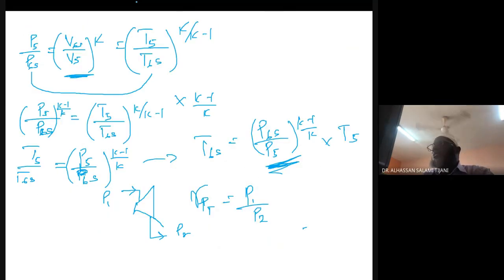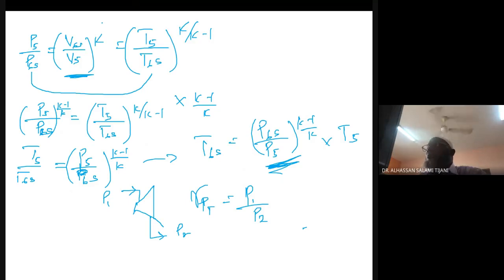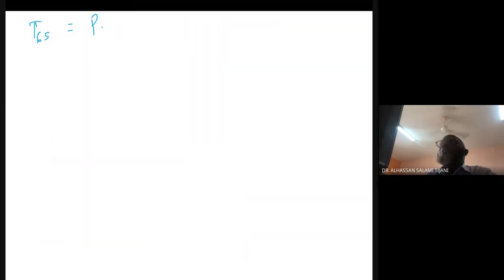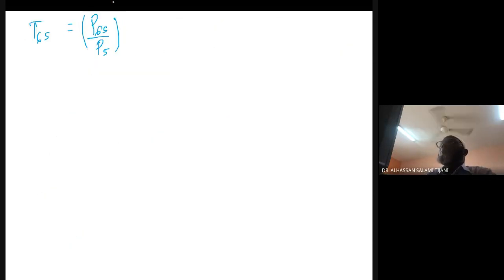T6S equals P6S over P5, all raised to the power (K minus 1) divided by K, times T5. Yes, so that is it.